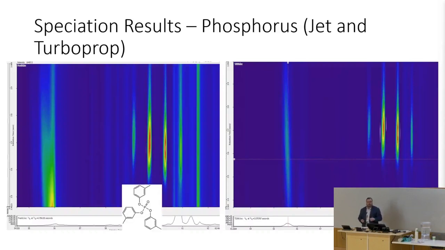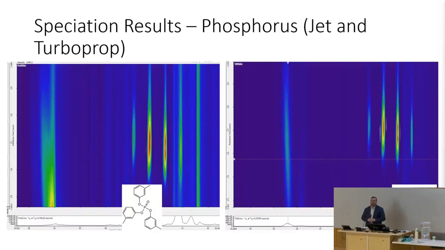We were able to identify with standards our trimetaphosphate and our triparaphosphate. There are a few peaks in there that we don't know yet. They're going to be TCP isomers. We're fairly confident that they're going to be the trimeta-meta-para isomer and the trimeta-para-para isomer of TCP.